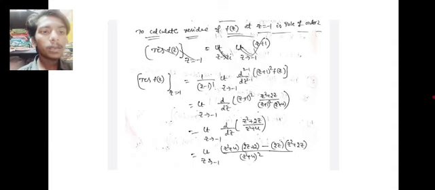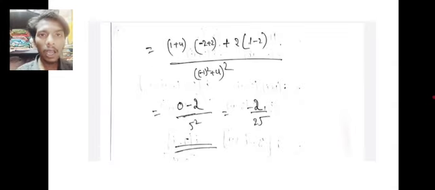And the next step is limit z tends to minus 1, d by dz of z square plus 2z by z square plus 4. And then the next step is limit z tends to minus 1, it becomes z square plus 4 into 2z plus 2 minus 2z into z square plus 2z by z square plus 4 whole square.